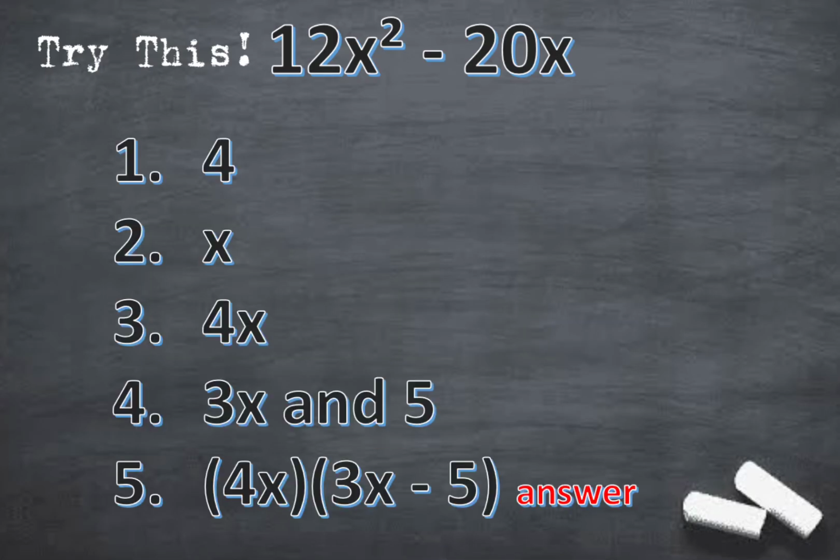The numerical coefficients are 12 and 20, and their GCF is 4. For the variables, x has the lowest degree. We combine to get 4x. And to get 12x squared minus 20x, we should multiply 4x to 3x and 5. Now we have the first and the second factors. We combine them. So we have 4x multiplied to 3x minus 5.